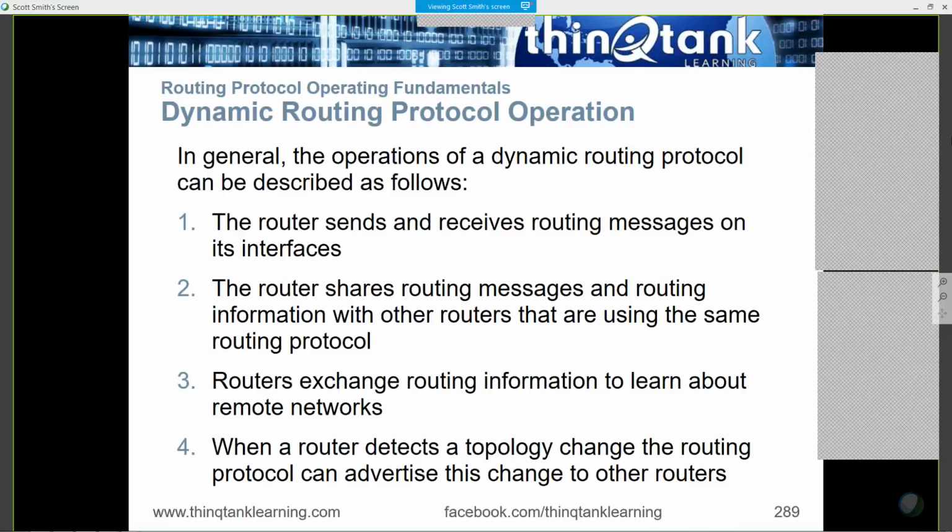And that's how we identify our neighbors. Once we've established that adjacency with that neighbor, then we can start sharing routing information with that neighbor. I send that neighbor all the routes that I know about. That neighbor sends me all the routes that they know about.